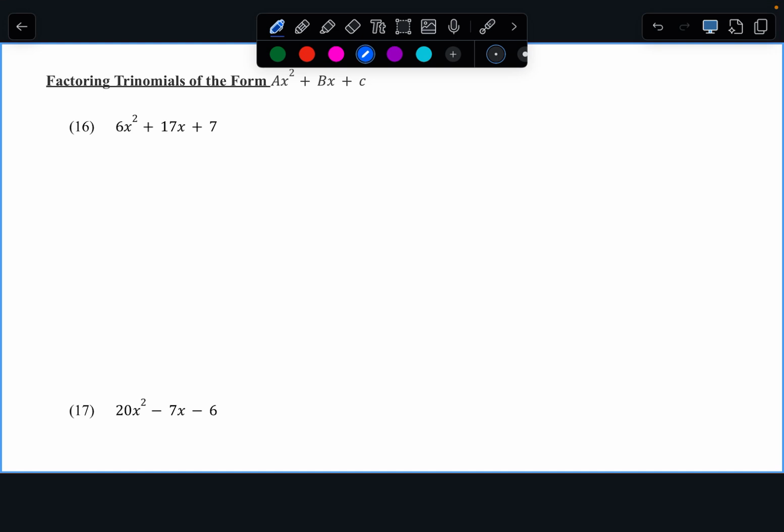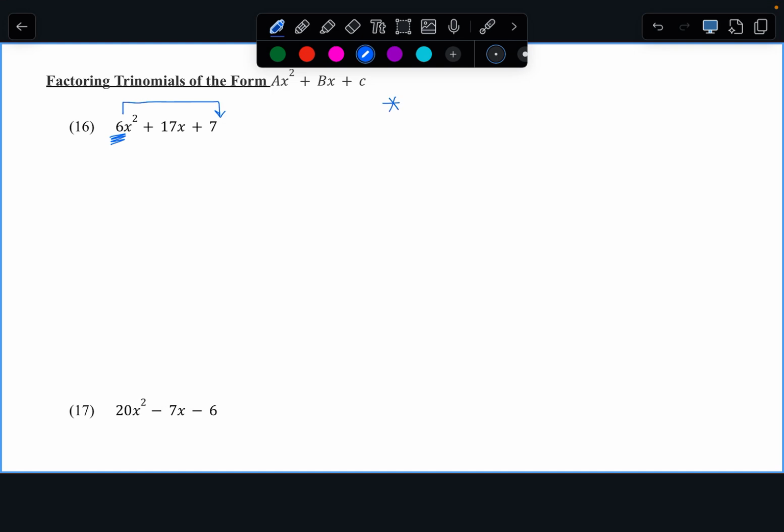When we have a number in front, and there is nothing that all three of them have in common, we're gonna do a little factor by grouping, but we have to rearrange to make some stuff work nicely. What we're going to do is multiply our first and last term together. Okay?